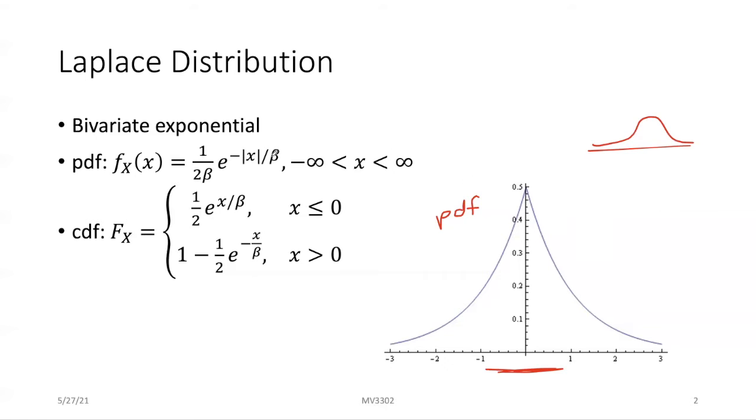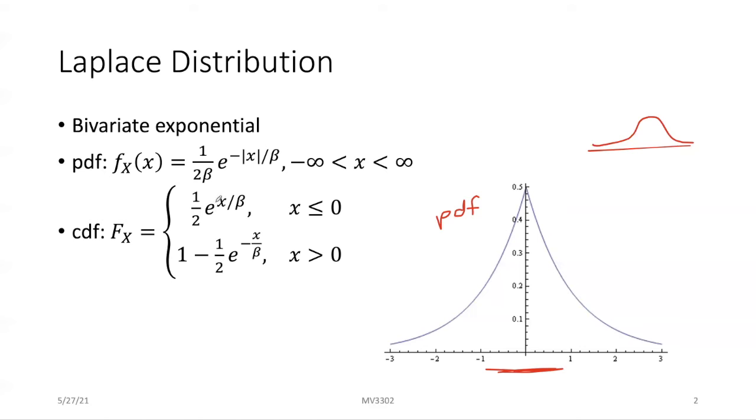What it is, it's actually a bivariate exponential. That is, each side is like an exponential distribution. So this is the PDF, and this is a graph of what that is. And then you can actually unravel the CDF so that on one side it looks like this for negative values of x.